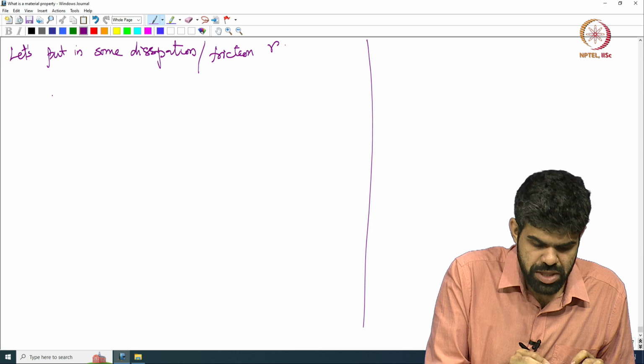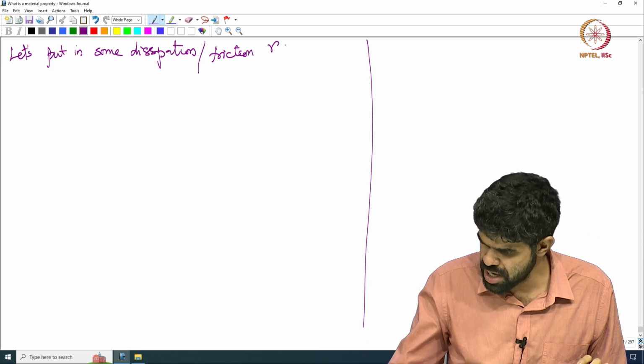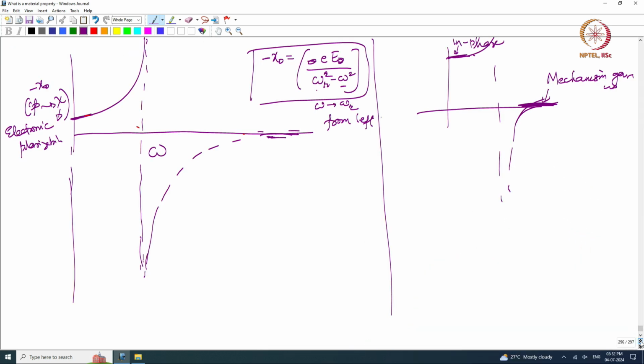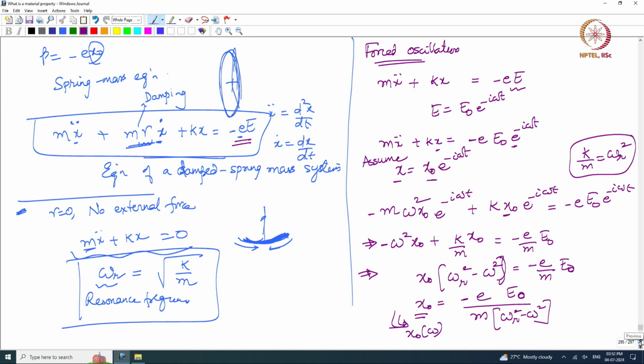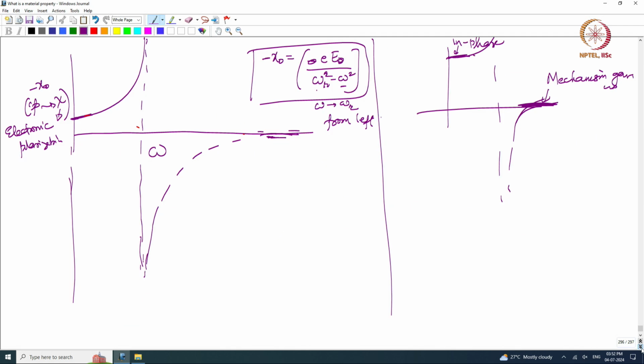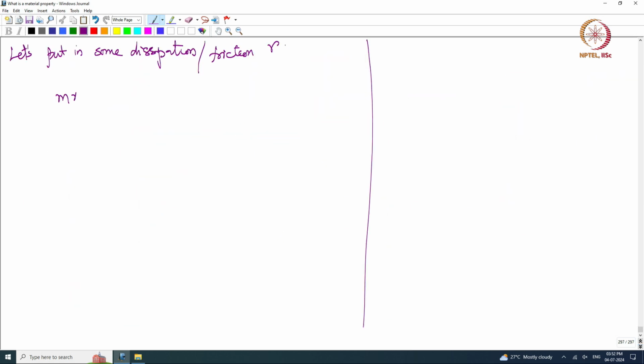Okay. So, if I put in friction, I go back and modify my equation. I go back to the master equation, which is with friction. So, that is m x double dot plus m gamma x dot plus k x equal to minus e naught e power minus i omega t.